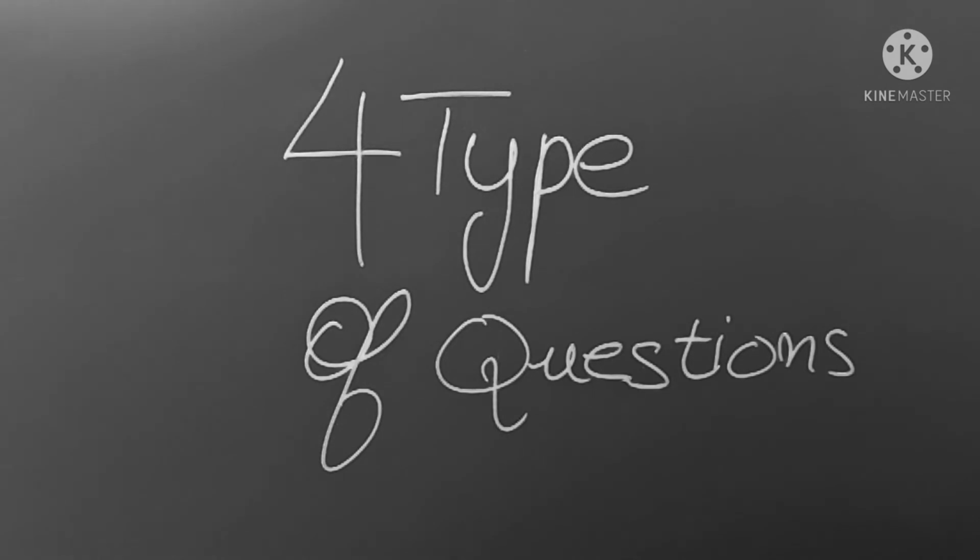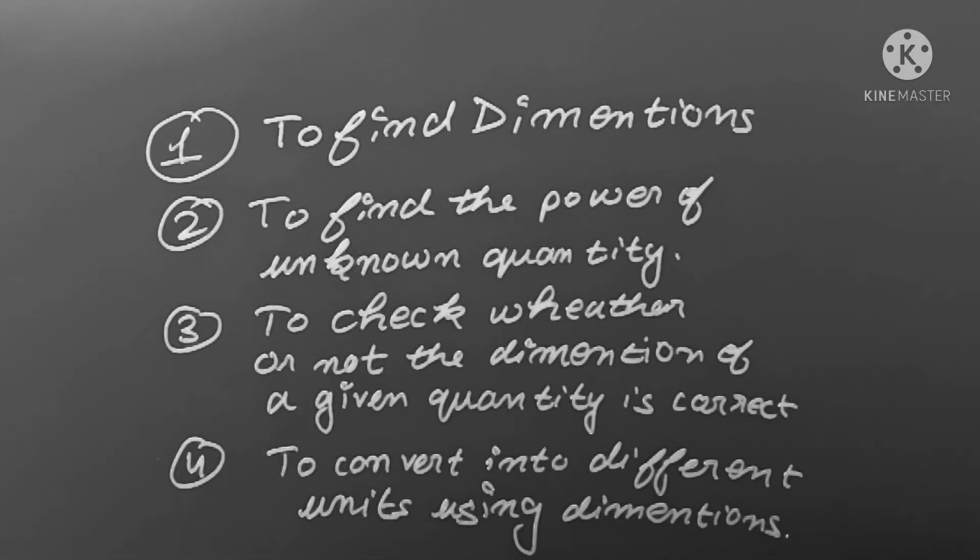From dimension, there are 4 types of questions which are generally asked in school. The first is to find dimension, which are the direct questions. Second is to find the power of an unknown quantity. The third question is to check whether or not the dimension of a given quantity is correct.